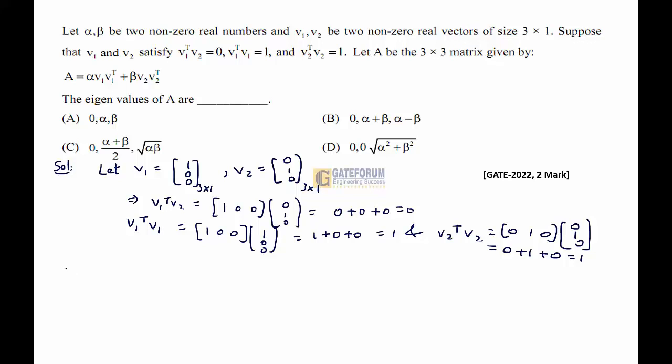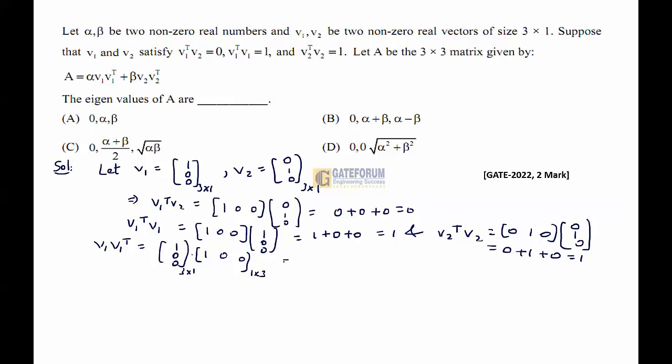So now v1 v1 transpose. That is column vector 1, 0, 0 multiplied by row vector 1, 0, 0. You will be getting here 3 cross 1 into 1 cross 3. This is a 1 cross 3 row vector. This is 3 cross 1.